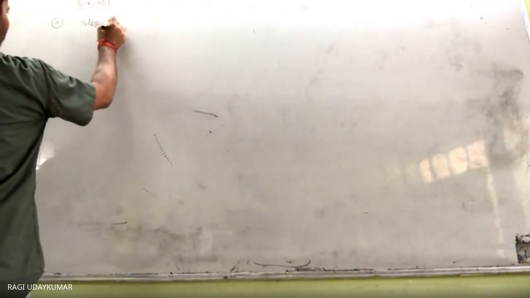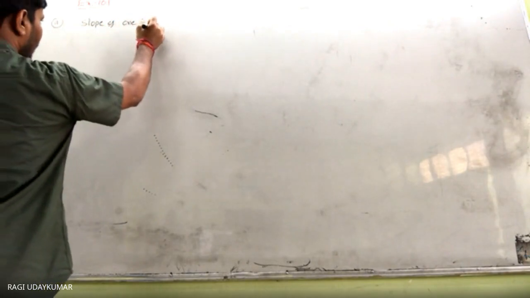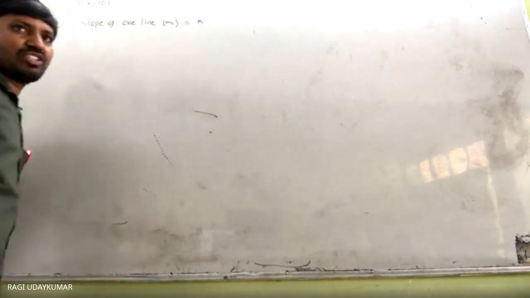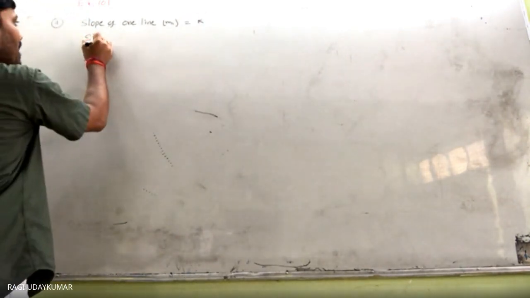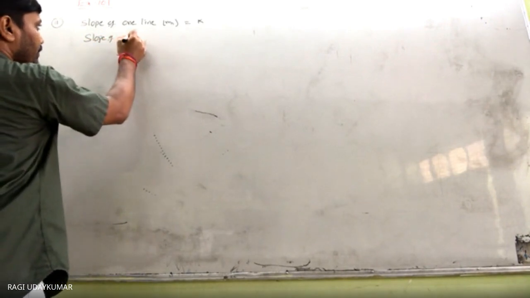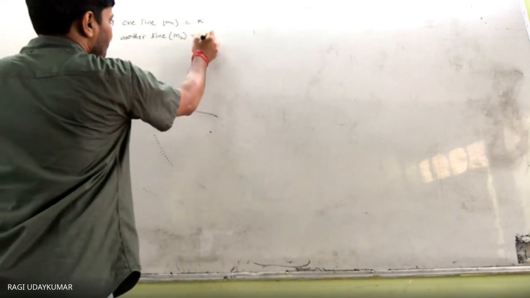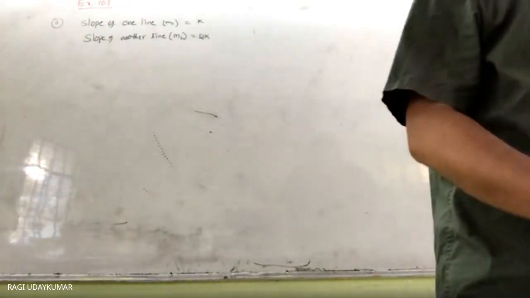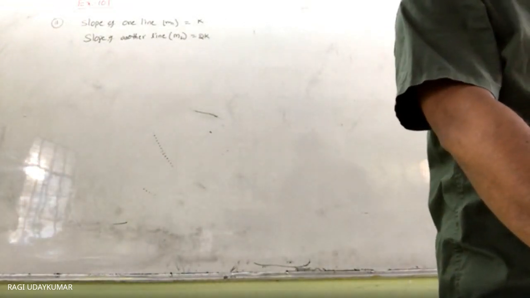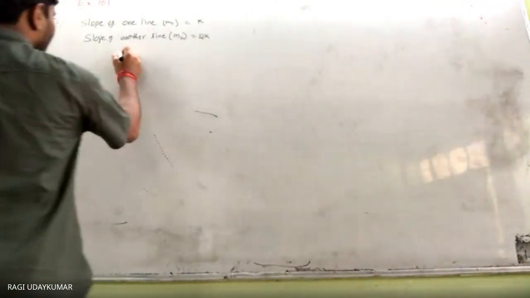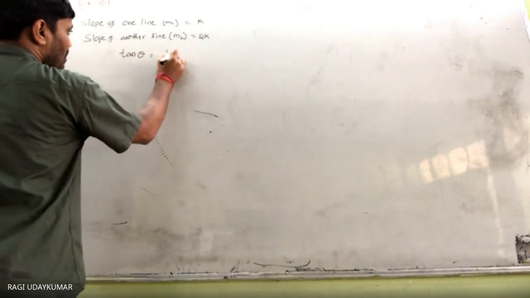Okay, consider the slope of the one line as m1, or consider it as some constant k, and the slope of the other line, that is m2, is double. Here it is given to you that the tangent of the angle between them is 1/3.